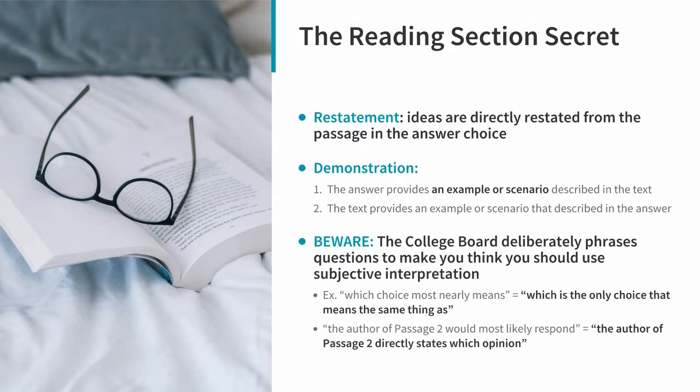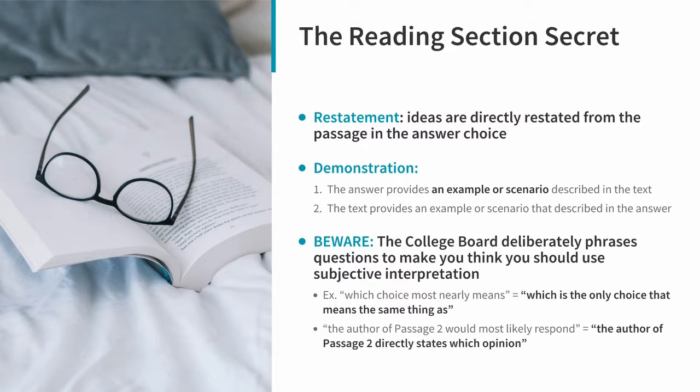And we're tested by the College Board in a different test, the AP test, on our interpretation of what they're trying to say. We have timed writes on what they're trying to say, but they don't want you to interpret here. Yet they still will phrase questions in a way that make you think that interpretation is needed.